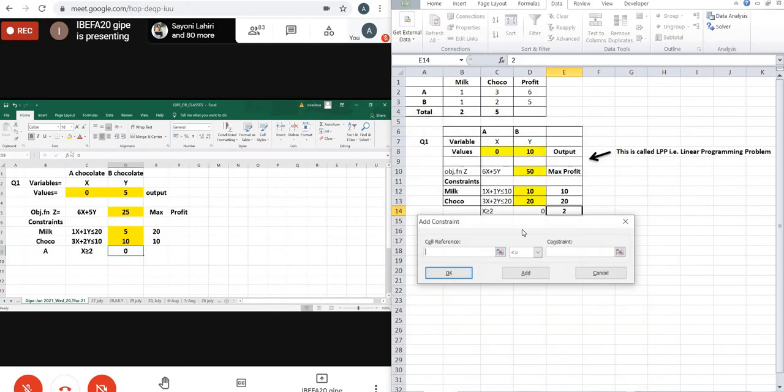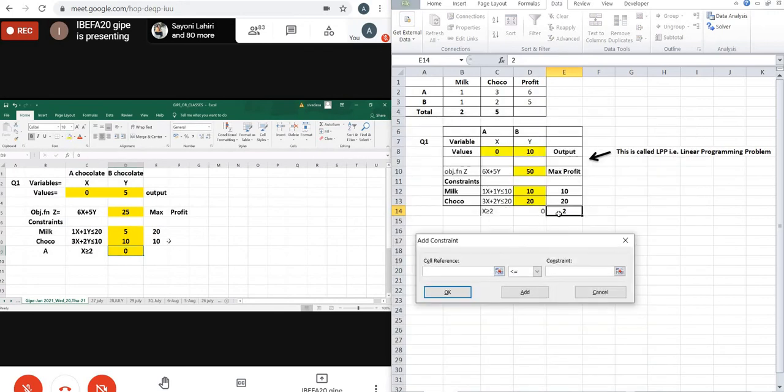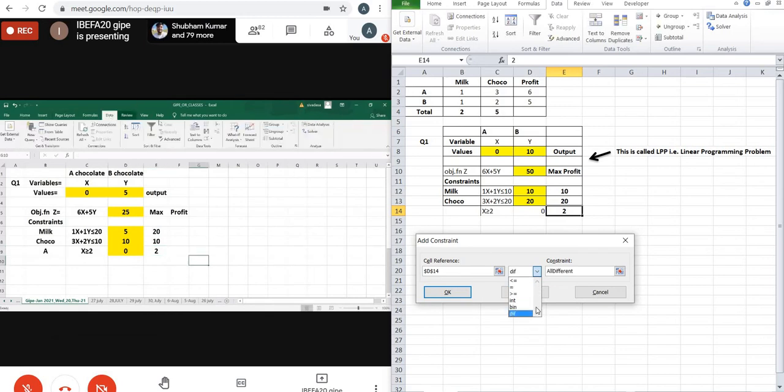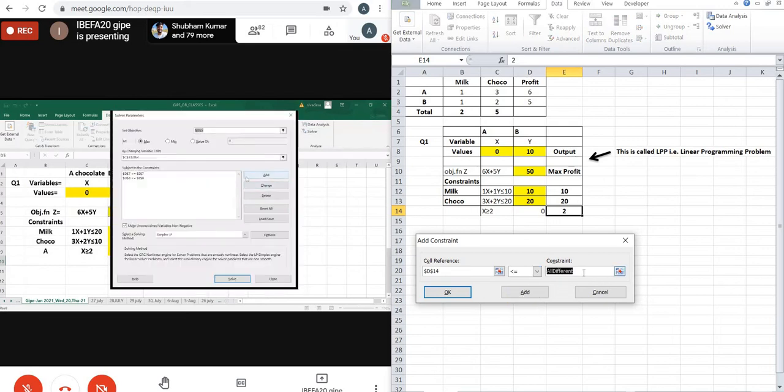Initially I don't know. And it should not be more than 2. Correct now? Sorry, minimum it is 2. Okay, go to solver. Add one more constraint.